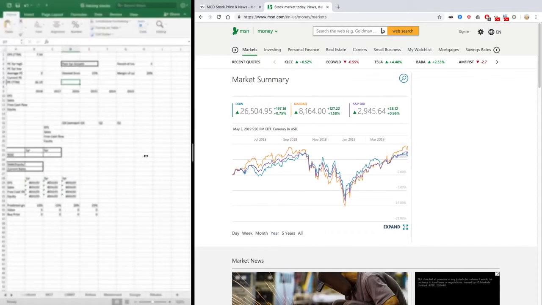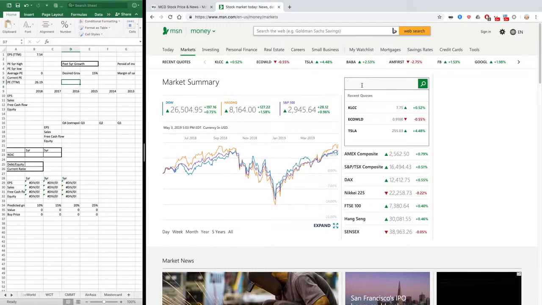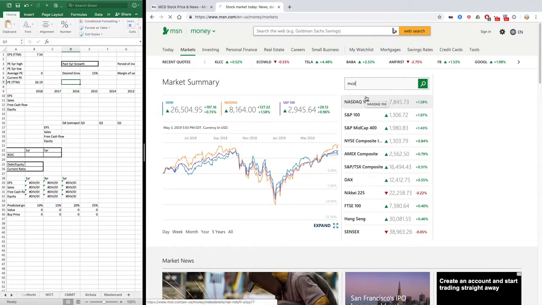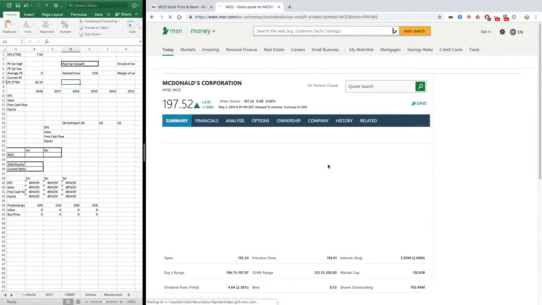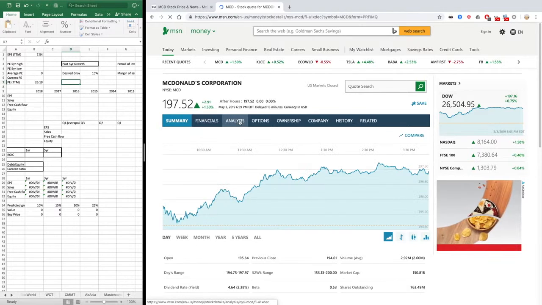So we'll look for McDonald's. For the 5-year high price earning ratio, I can find it. Oops, that's my alarm. Sorry about that.